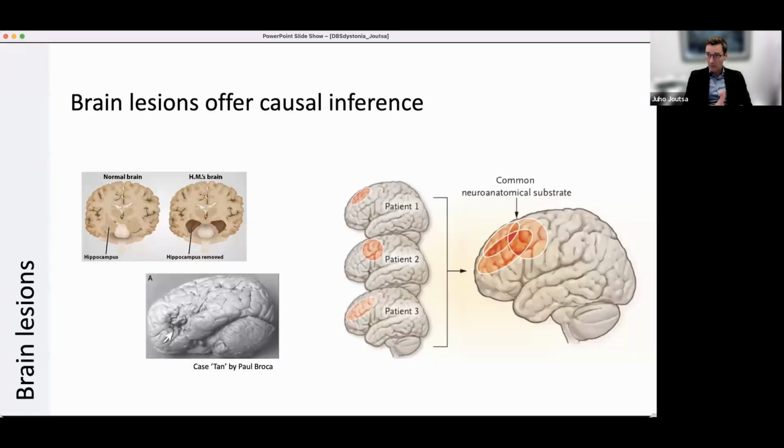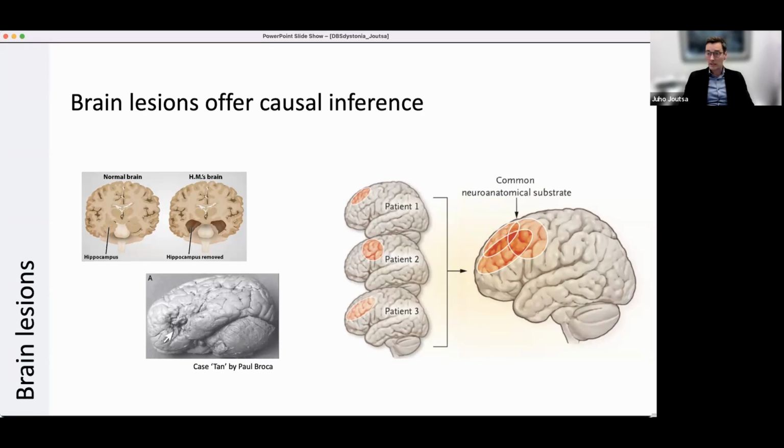So starting from a historical note again, brain lesions have been the cornerstone of neurological localization throughout the history of neurology. And even single cases with striking symptoms can provide a wealth of information on how the human brain works and where different symptoms localize.